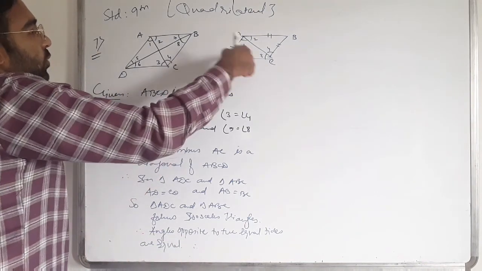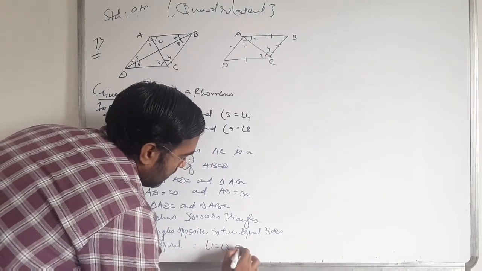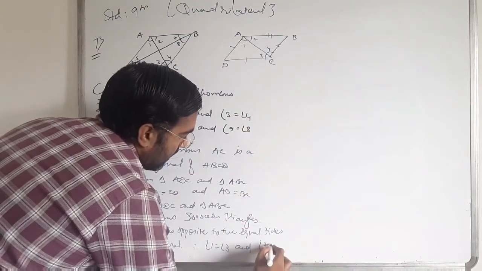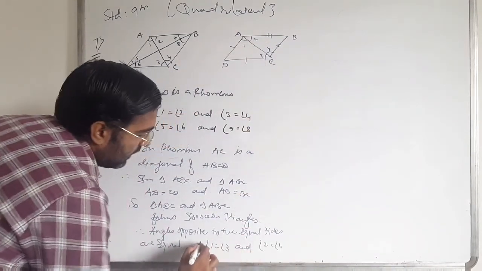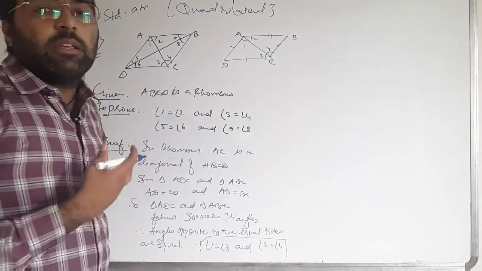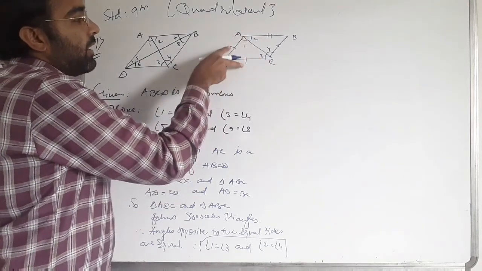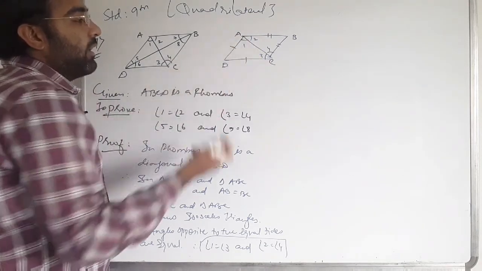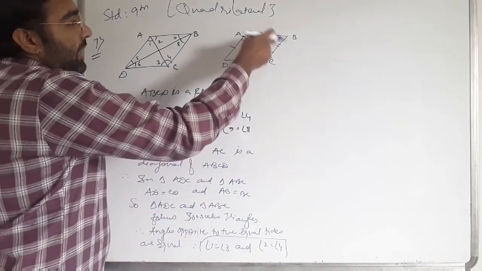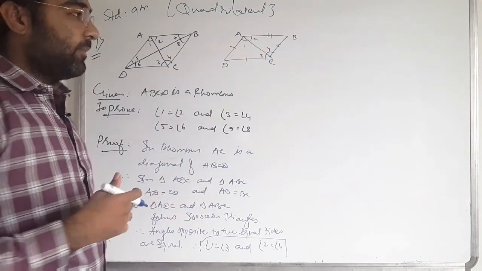So we take angle 1 is equal to 3 and angle 2 is equal to 4, because if the sides are equal, then their base angles are equal. In triangle ADC, the sides are equal, so their opposite angles are equal. In triangle ABC also, the sides are equal, so their opposite angles, that is 2 and 4, are equal.